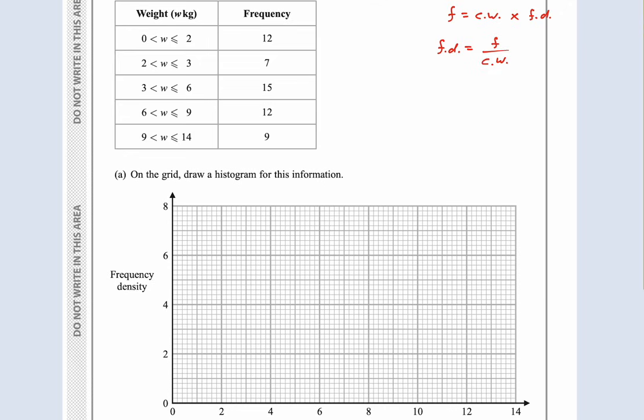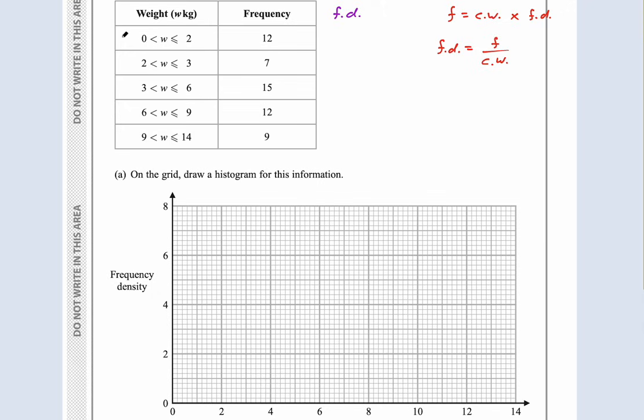Okay, so that's important. That's how we're going to find the frequency density. And I'm actually going to put here the frequency density. So it's 12 divided by 2, because the width of this is 2.